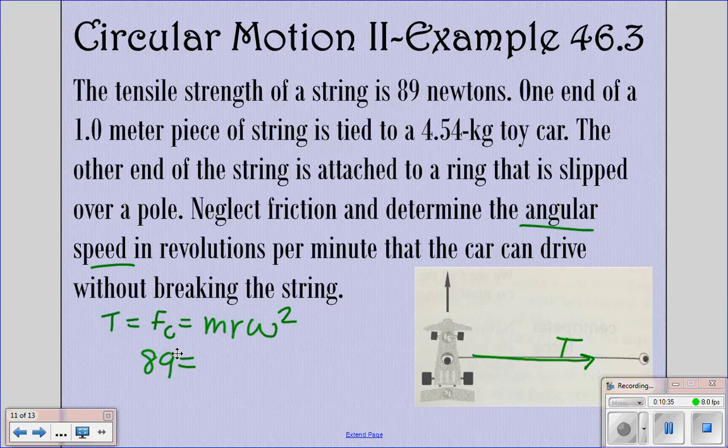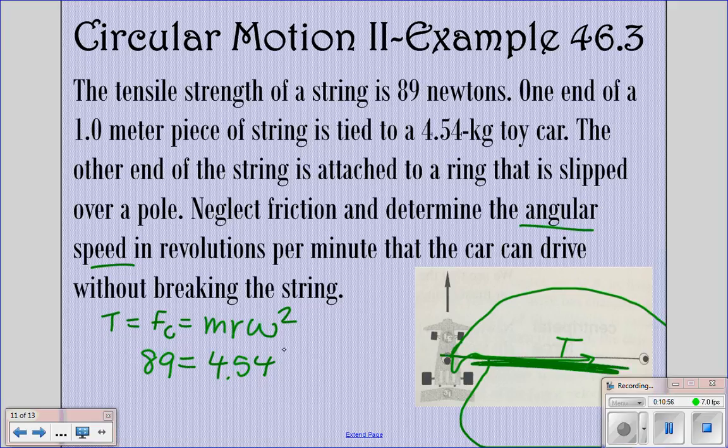Okay, our mass is 4.54. Our radius is basically going to be just the length of the string. Because if we make a circle, oh, that's a terrible circle. The radius is going to be this length here, which is the length of the string, which is a 1. And then we're going to solve for our omega.